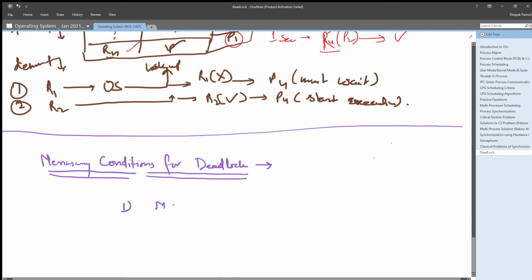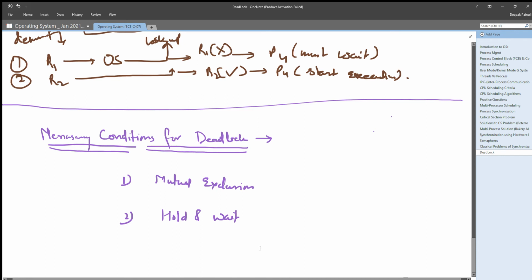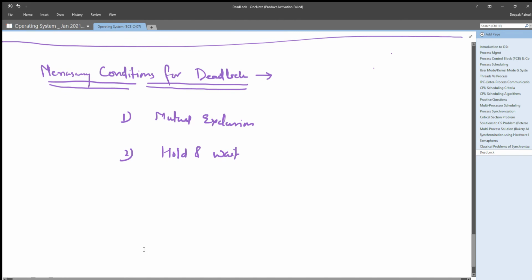first one is mutual exclusion, second one is hold and wait, third one is no preemption, and fourth one is circular wait.